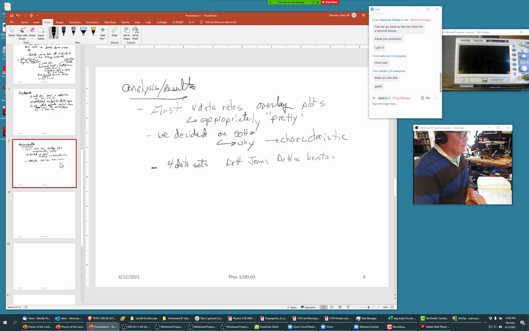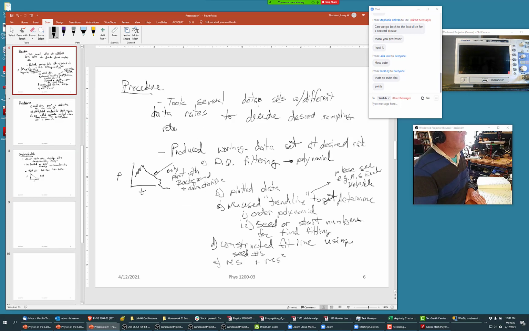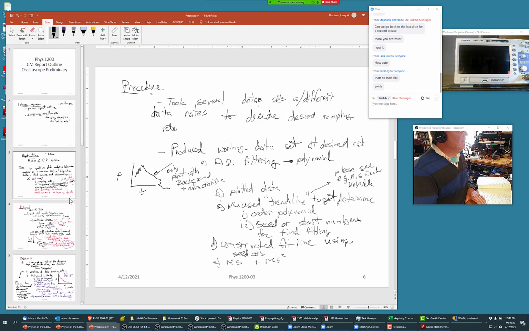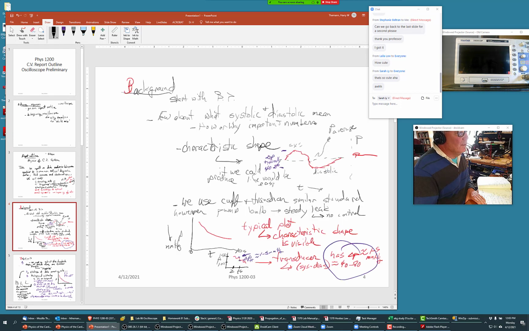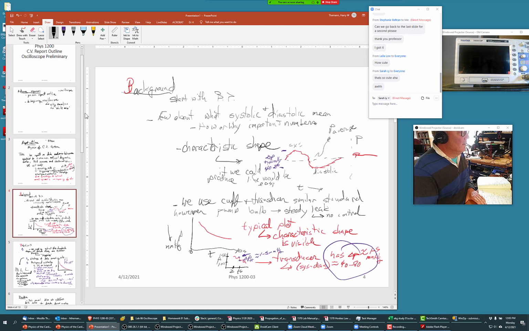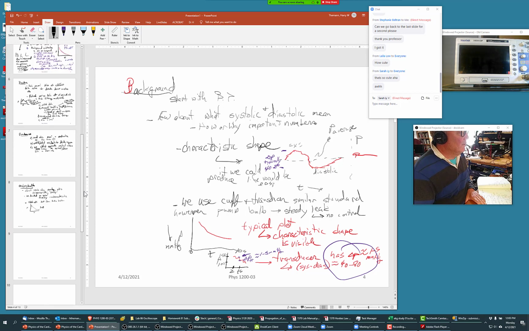And then here's a typical one. Now here's where you may not have a messy one, but you discuss and you can explain exactly what the data quality was, to cut off any crap beyond the typical shape, the ideal plot.